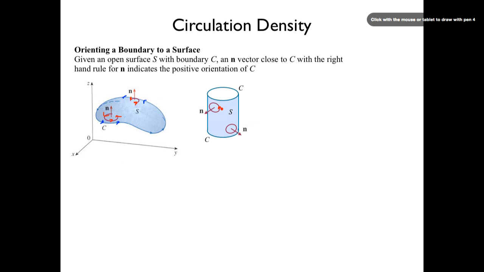Counterclockwise. So what would that mean for this top part of C? Clockwise or counterclockwise? Right, as we pass by this way, we're going to go the same way on C. And that ends up being clockwise up here. Does that make sense? And then the bottom, so outward orientation is going to be counterclockwise.